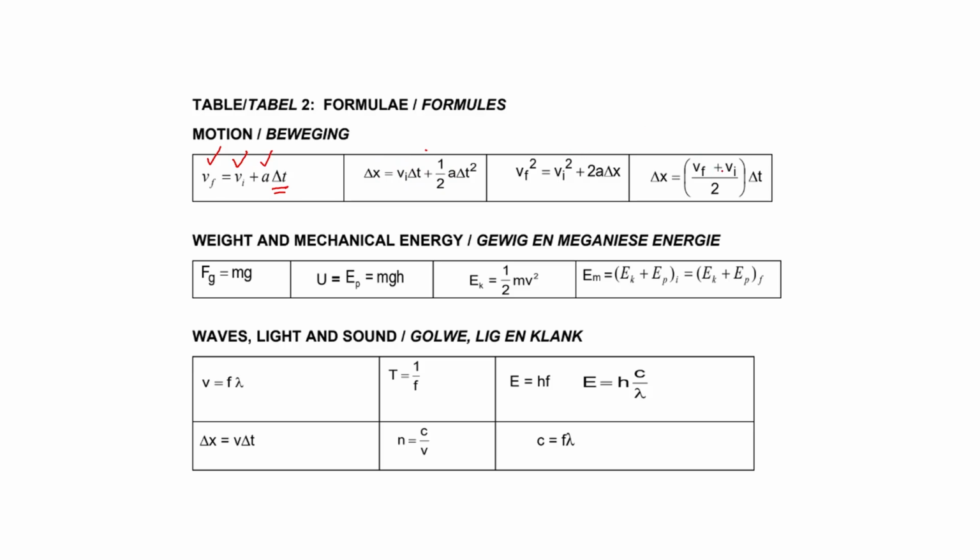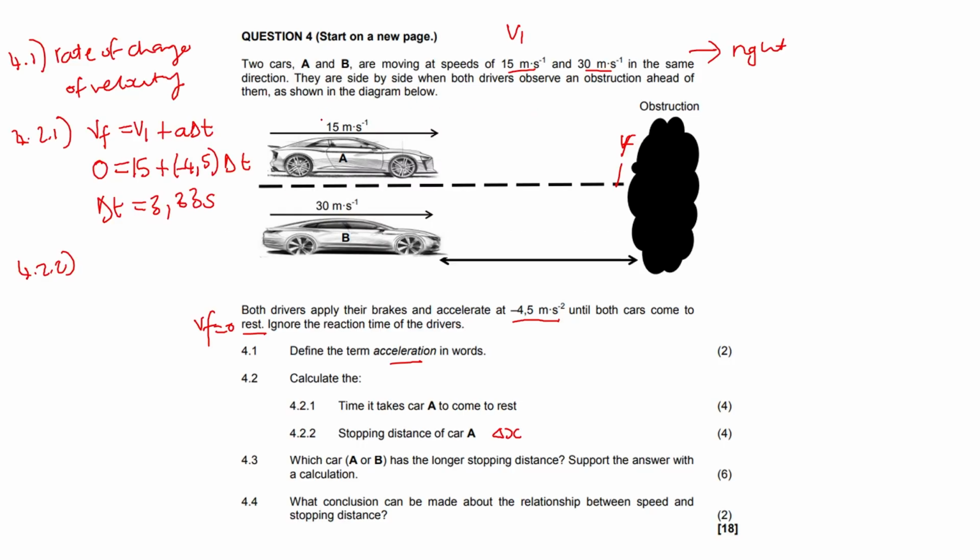We can also use this one, and this one, whichever is comfortable for you. I'll use the one that shows the x first, then you don't have to manipulate. Final velocity was 0, initial velocity was 15, divided by 2, and the time we just calculated is 3.33, and that gives us 24.98 meters.